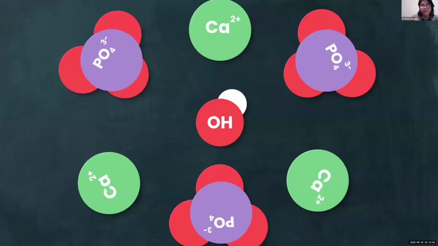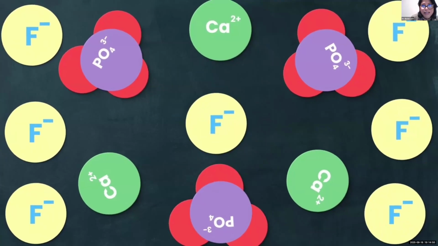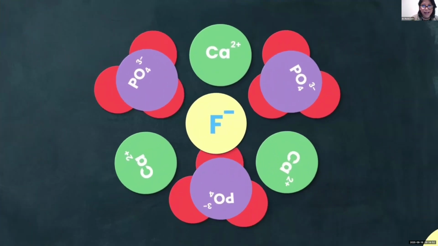Why? For example, the fluoride, especially the fluoride varnish. Fluoride ion alone will never help you to remineralize. Fluoride needs to find calcium and phosphate ions to form fluorapatite. Fluorapatite will remineralize, not fluoride.